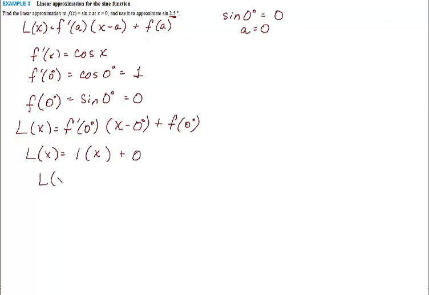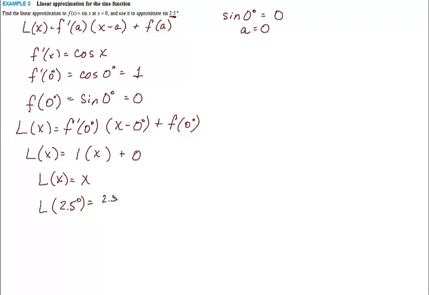So L of x is going to be equal to just plain x. Okay, I'm sure they mean that in radian form. So what's the linear approximation at 2.5 degrees? That means I need to put this in radians so I can get that value.